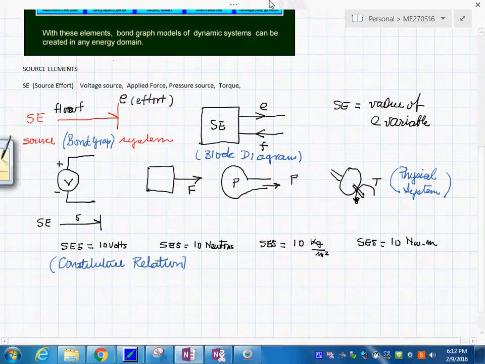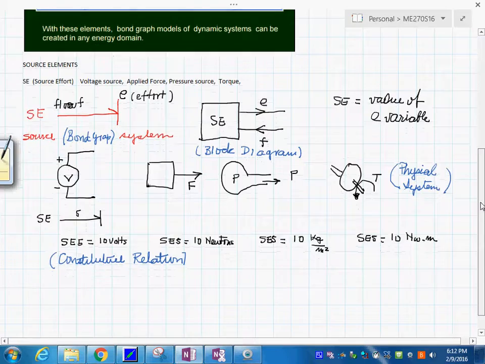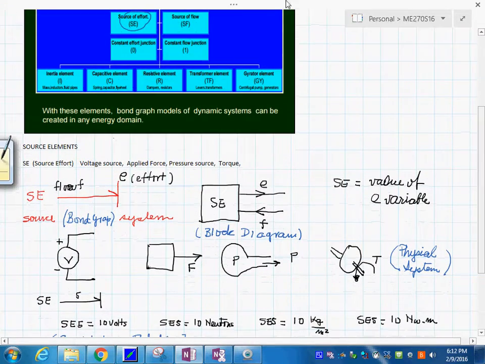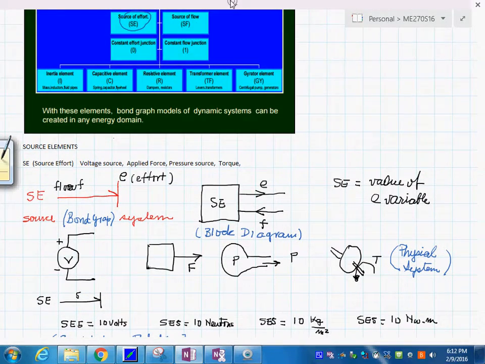We need to do the same thing for other source elements. So in here we're gonna have to go and put like that.